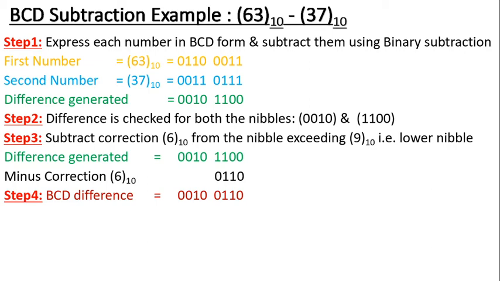Okay, that BCD difference which is written in red color is 00100110. Okay, so this is the BCD difference here. Now in step number 4, whatever nibbles which we are getting here, both the nibbles are well below 9. It means that our BCD subtraction is over.